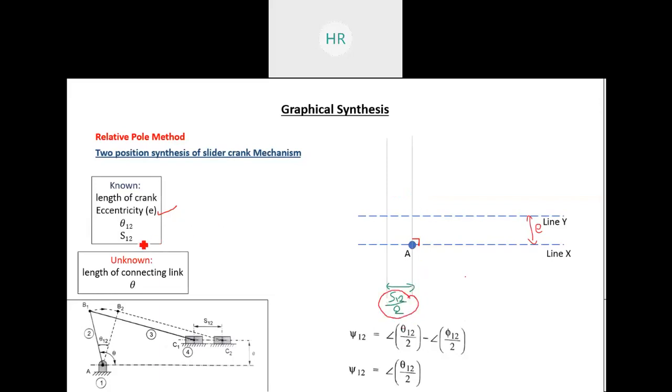Okay, S12 is known to us, so we take that much distance S12 by 2 and draw a line. Okay, here point E will be there, that we discuss in procedure. Then this line passing from A is line number 1 and this one is line number 2.